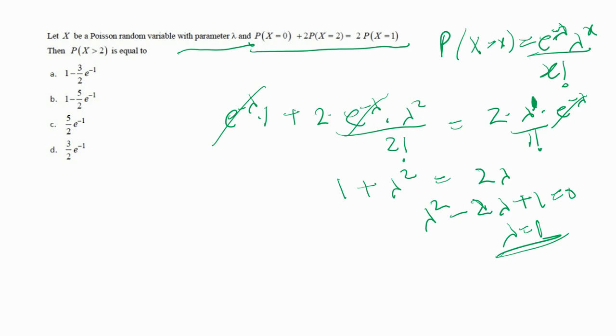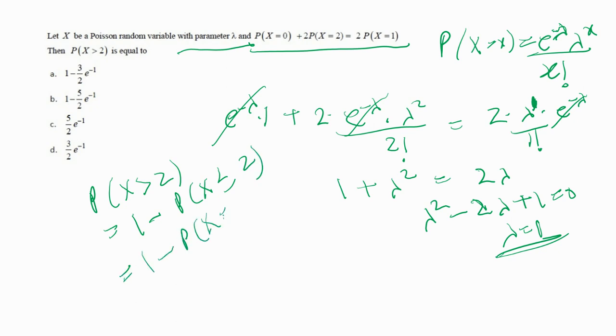Now we need to find P(X > 2). So it will be 1 minus P(X ≤ 2). This will be 1 minus P(X = 0), P(X = 1), and P(X = 2). So e to the power minus lambda will be common, so e to the power minus 1 will be common.